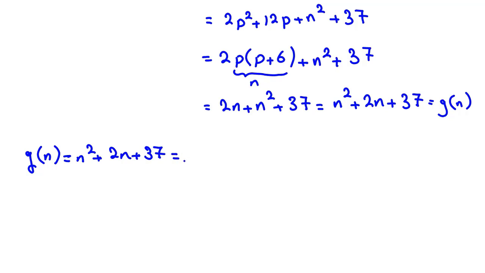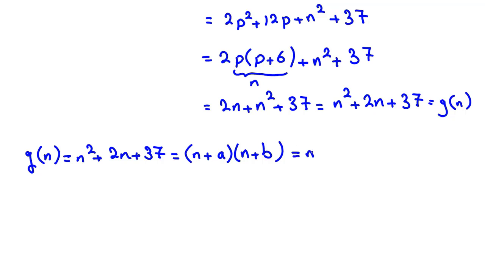Let's see why it is irreducible. If it is reducible, then for example it is (n plus a)(n plus b) with integer coefficients. Why is the coefficient of n 1? Because it is n squared. If one of them is minus 1, you can multiply both of them by minus 1, then it will be 1, 1. So without loss of generality, we can consider the coefficient of n to be 1.